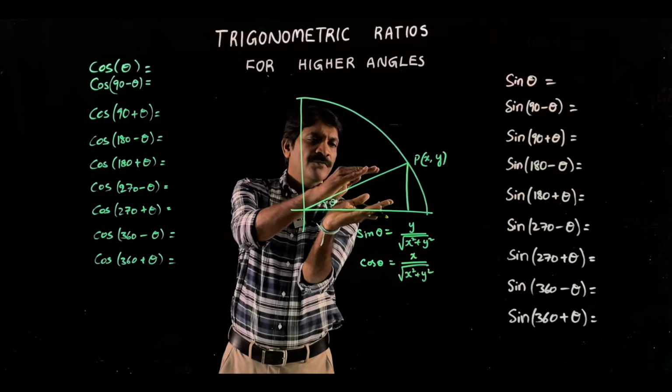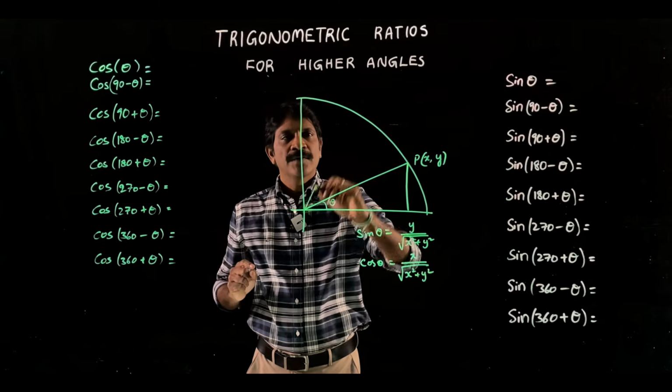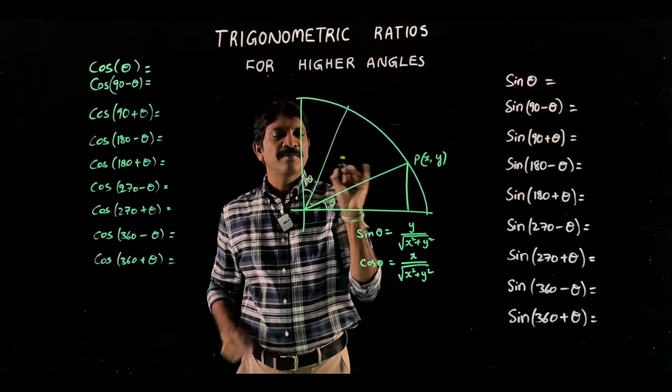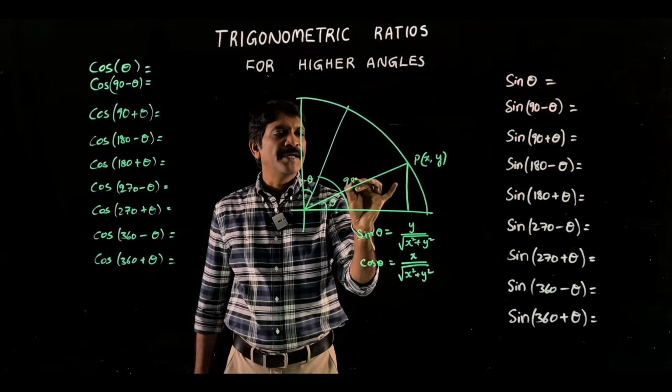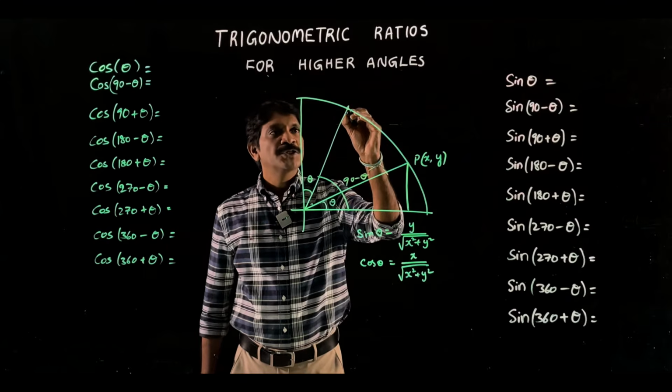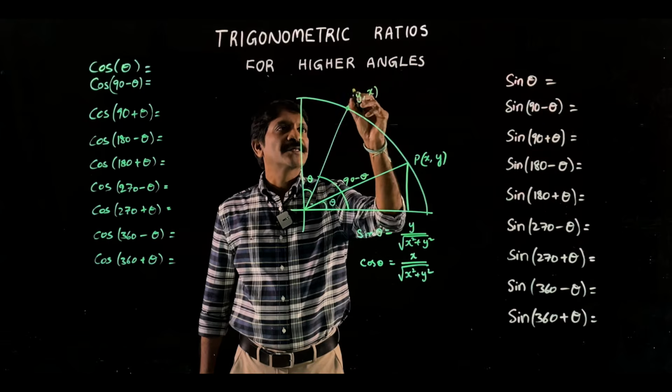Now we discussed that if we rotate this like this, we get this diagram, and from here to here angle will be 90 minus theta. Just now we wrote that this point is y comma x.